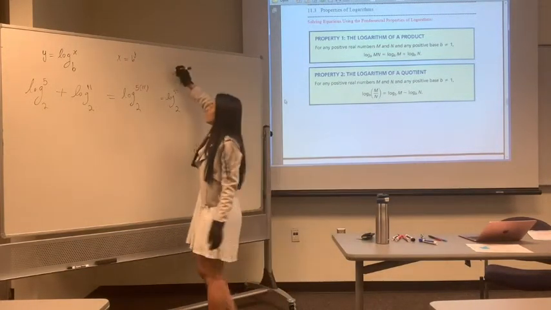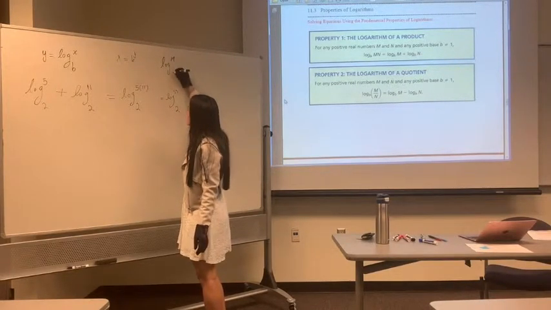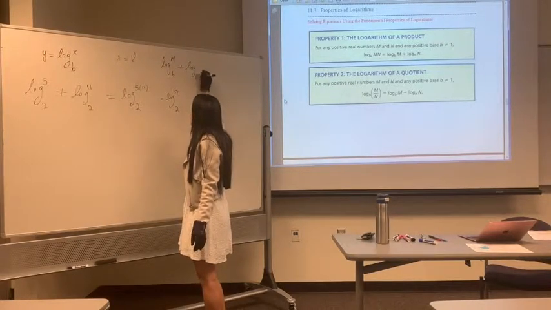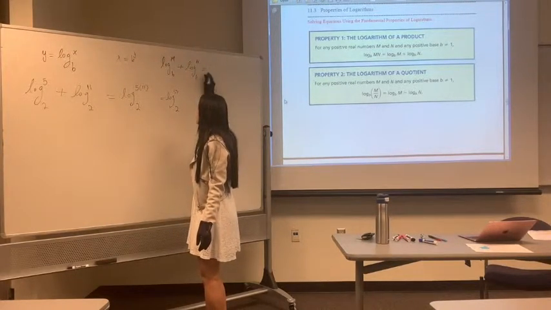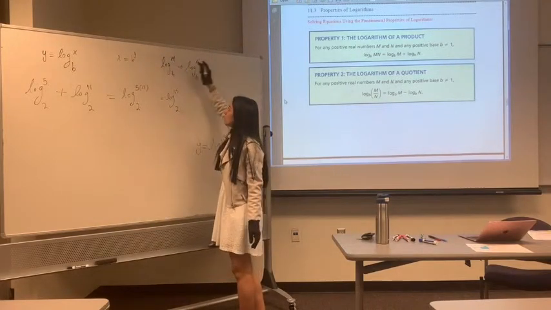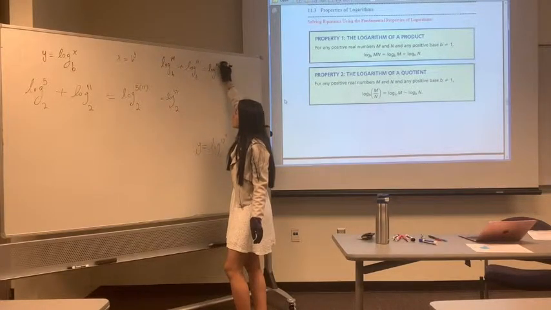So from here we will have these properties. If the bases are the same, you add the logs, and you multiply these two numbers.